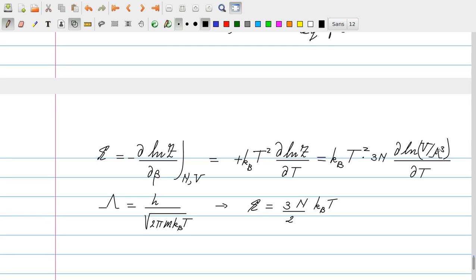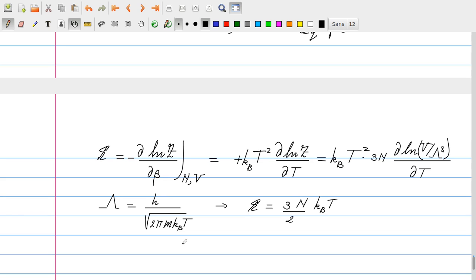I neglect here the N factorial because that's independent of T, so that doesn't contribute to the derivative. And V and lambda cubed, they appear with power N, which I've put in front of the logarithm. And then we realize that lambda was defined as follows: h over square root 2 pi m kBT.